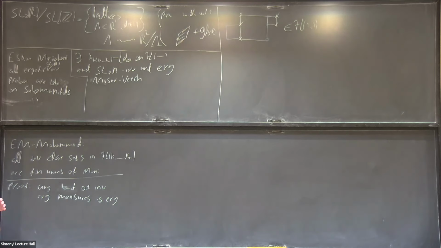So if we study the space of ergodic measures, then it's closed. If we take a weak star limit of ergodic measures, then the limit is again ergodic.